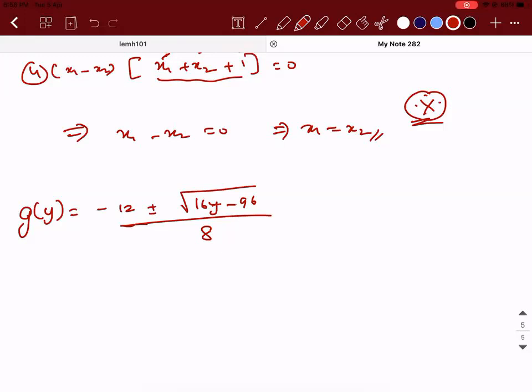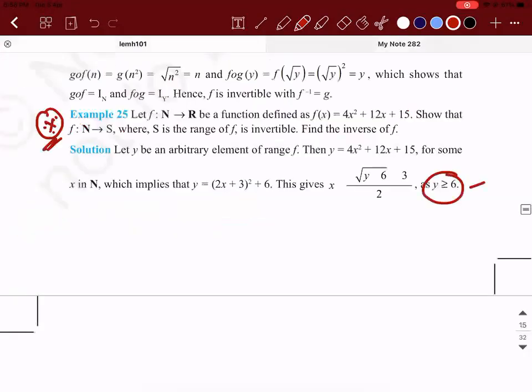Then what is going to be the inverse? So g of y is this value, then what is g of x? Just replace y with x, that's it. Minus 12 plus or minus root of 16x minus 96 divided by 8. That is going to be the answer.